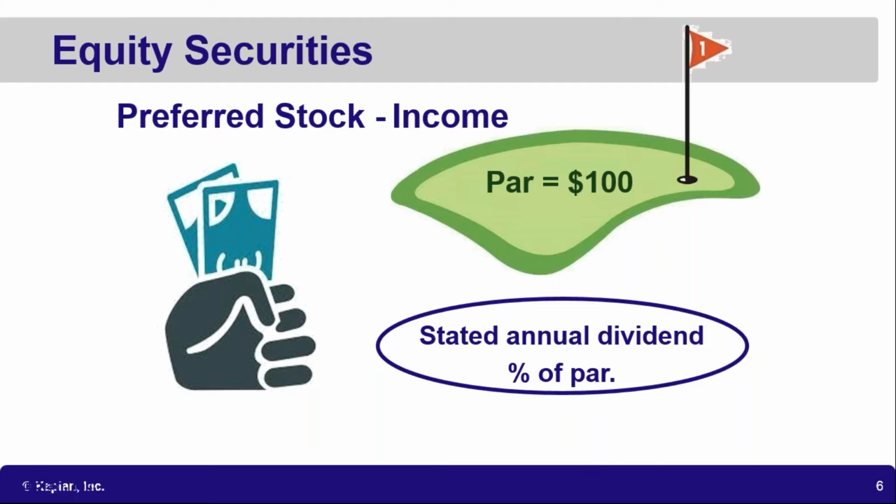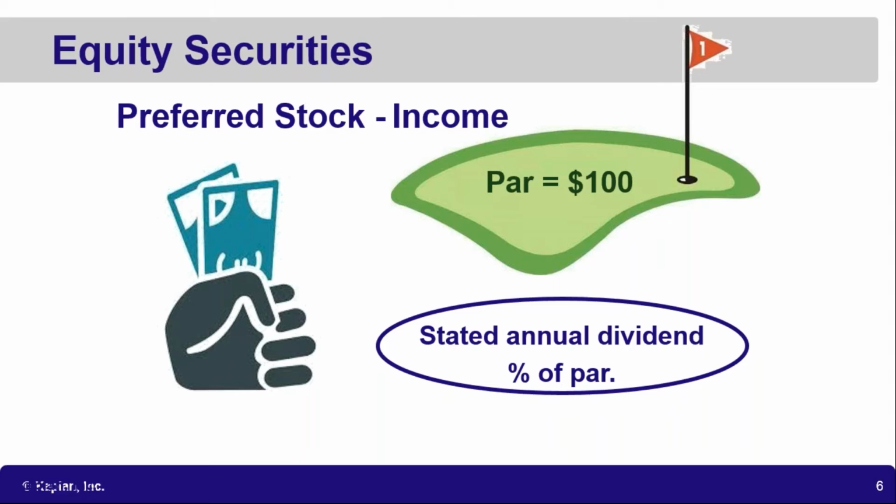What we do is we take the par value, multiply it times the stated annual dividend rate that's on your stock certificate, and you get the dollar amount that they're going to pay each year. So it's actually called a stated dividend, an annual dividend you're going to receive from that security. Let's say it's a 6% annual dividend rate.